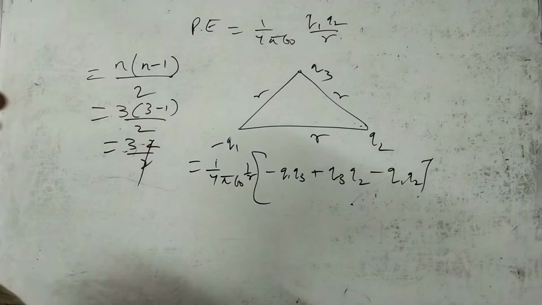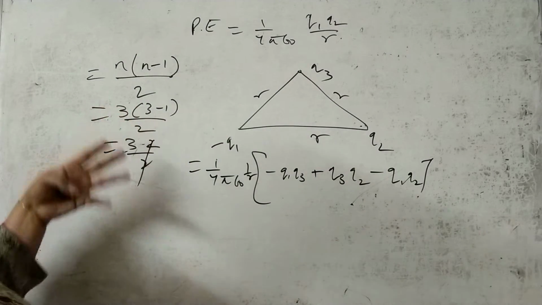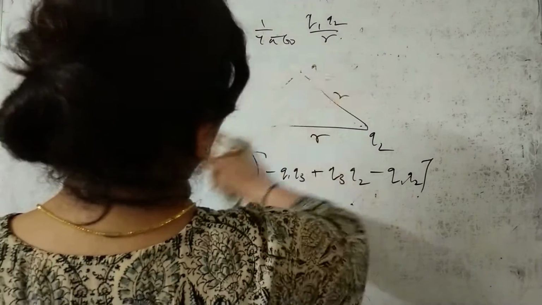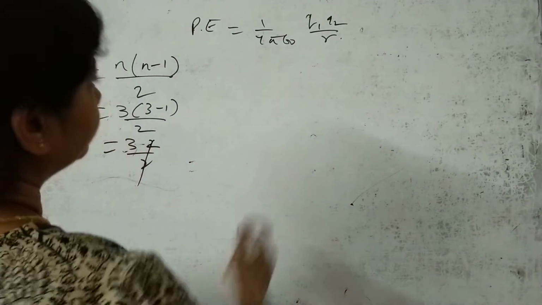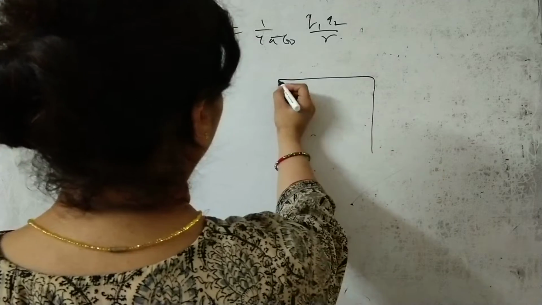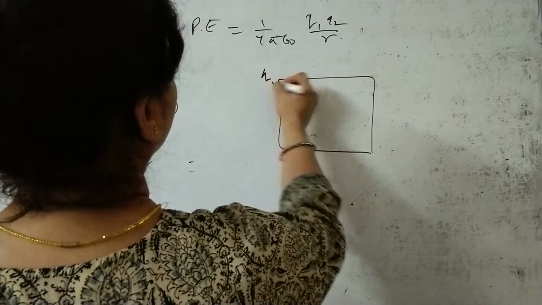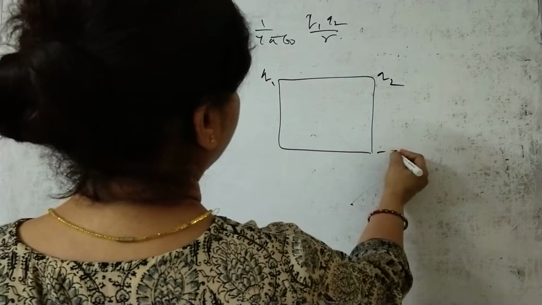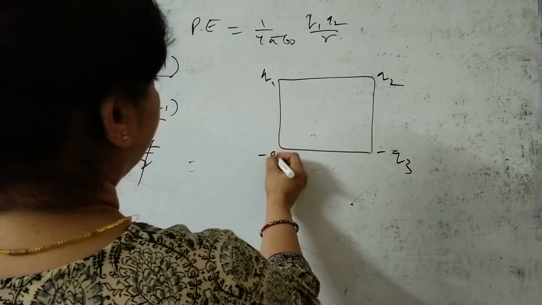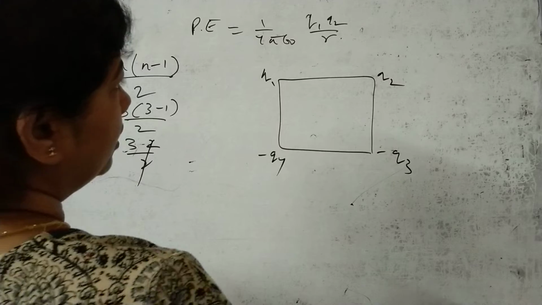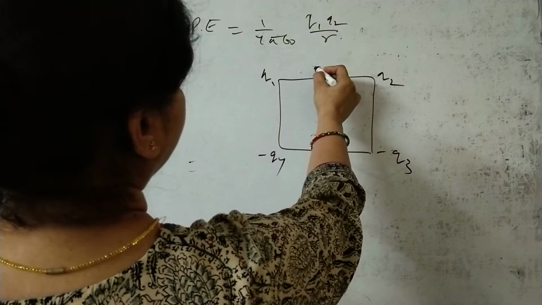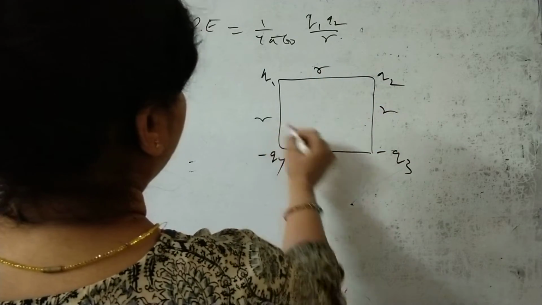For example, we will take a square. When we take a square, let us assume the charges are Q1, Q2, minus Q3 and minus Q4. It is a square, so let us assume the side is r throughout.